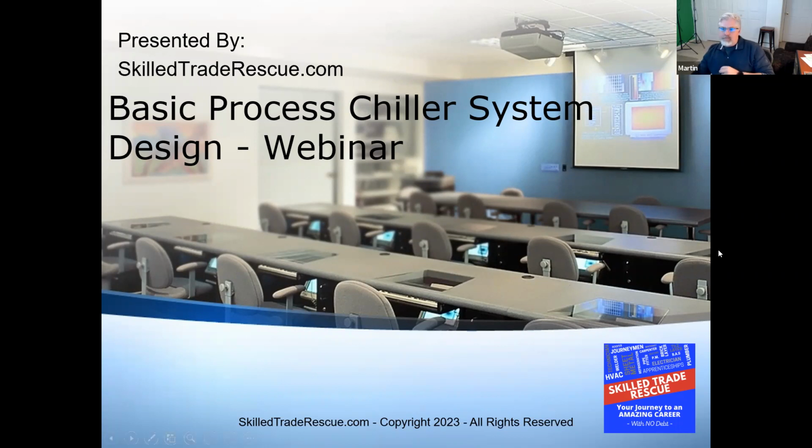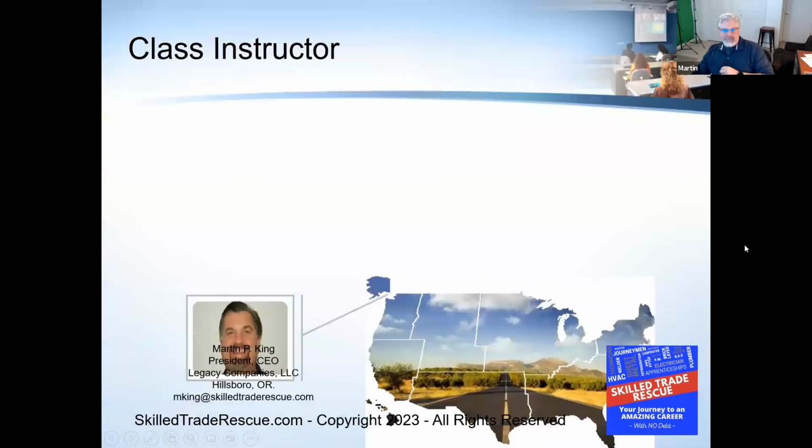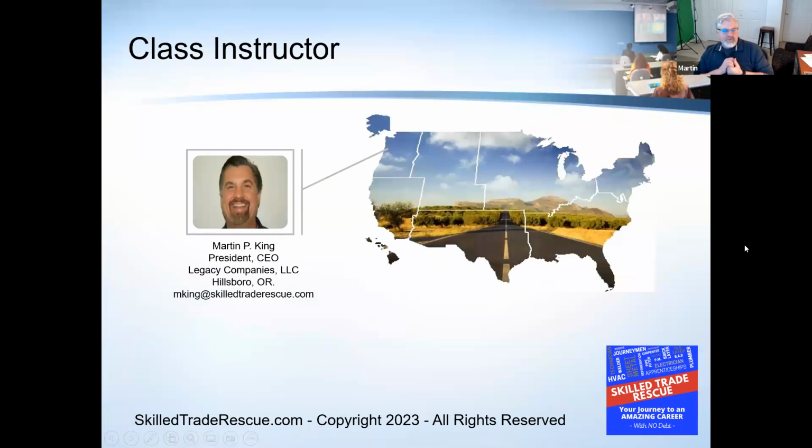So my name is Martin King, and I'm out here on the left coast, just outside of Portland. And you can check me out on LinkedIn. I won't go into my life history, but I was a union journeyman out in California.